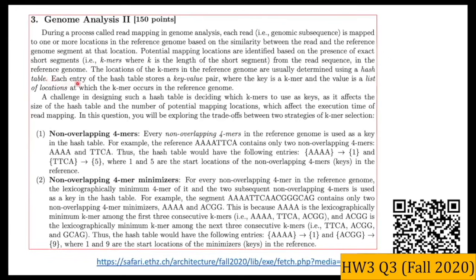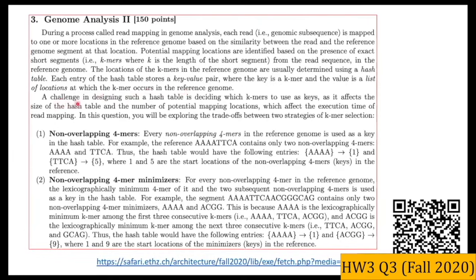Each entry of the hash table stores a key and a value, so we have a key-value pair, where the key is the k-mer itself, which is the content, or the ACGT letters extracted from the genomic sequence, and the value is the list of locations at which the k-mer occurs in the reference genome. I hope this is clear until now.